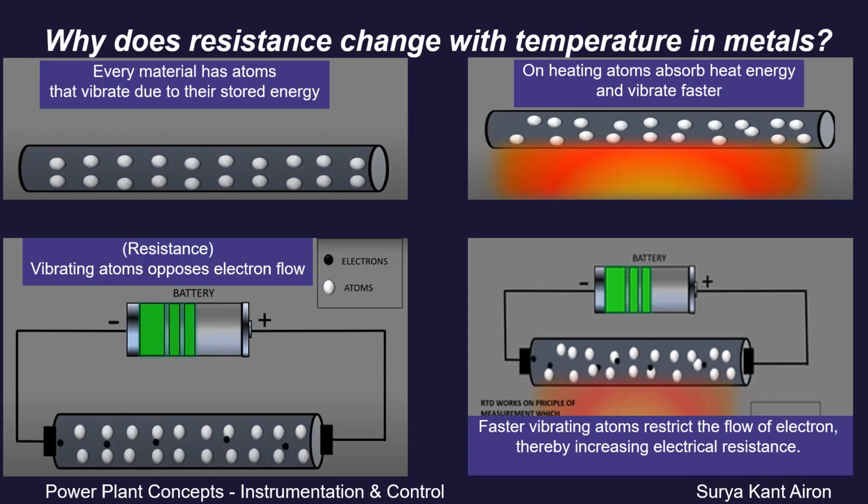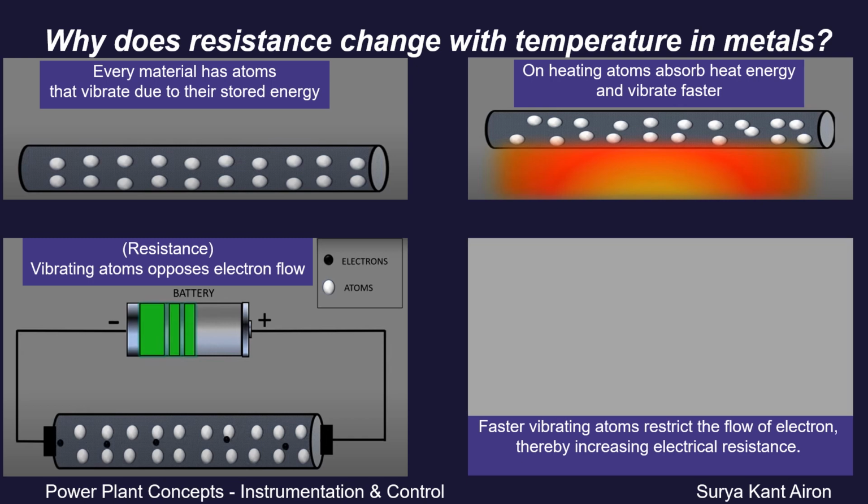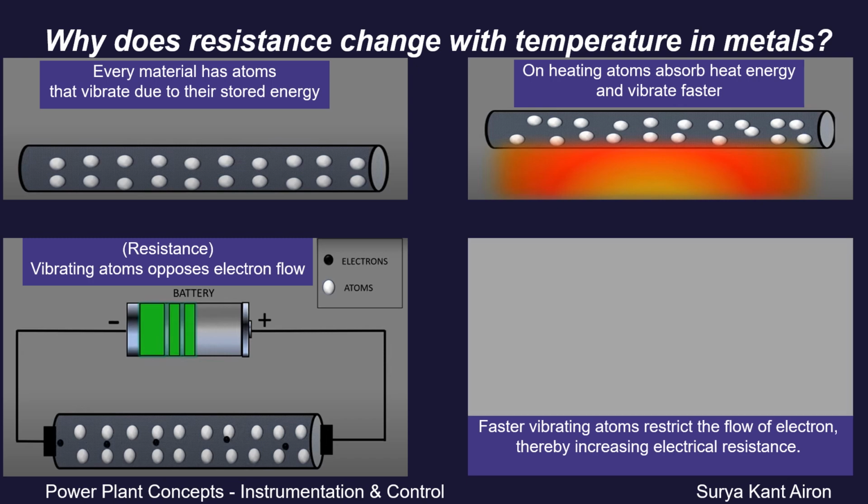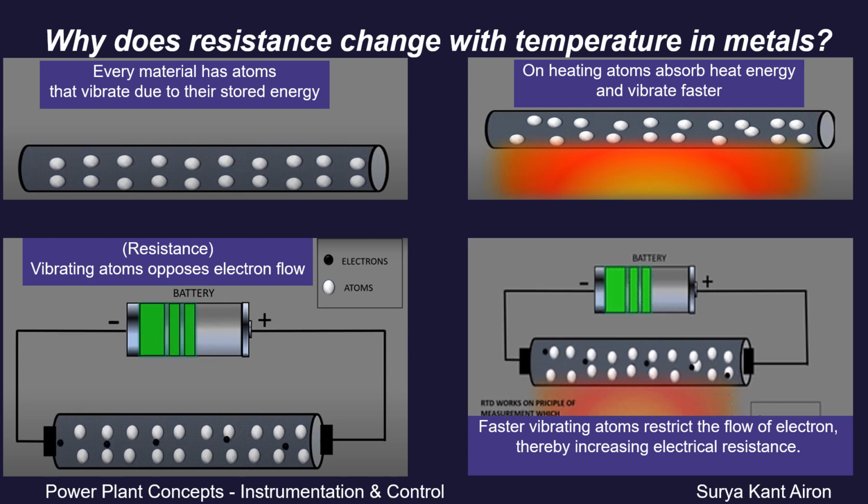Then friends, we may have the question: why does this resistance change in metals with temperature? So we know all materials are made up of atoms, and these atoms always vibrate due to the energy stored in them.